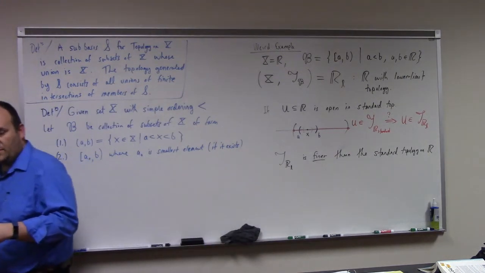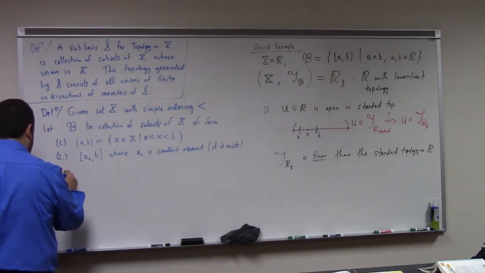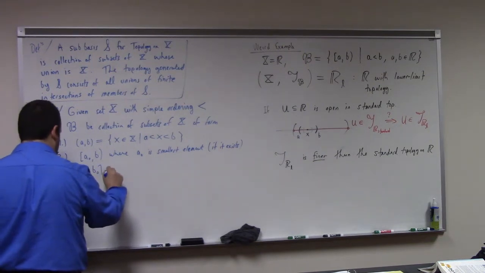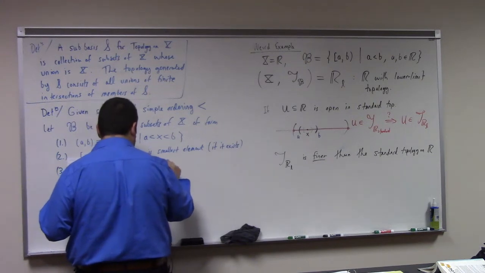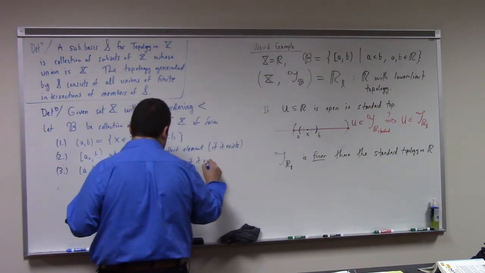The smallest element, of course, would be an element A naught such that A naught is less than X for all X in the set. Oh, okay. All right, I'll allow it. Number 3, (A, B naught], where B naught is the biggest element, if it exists.